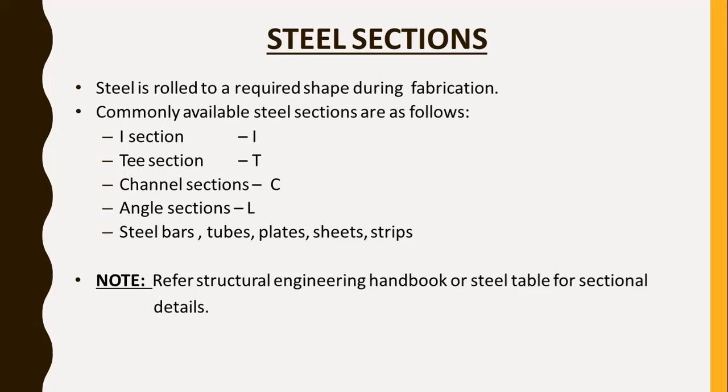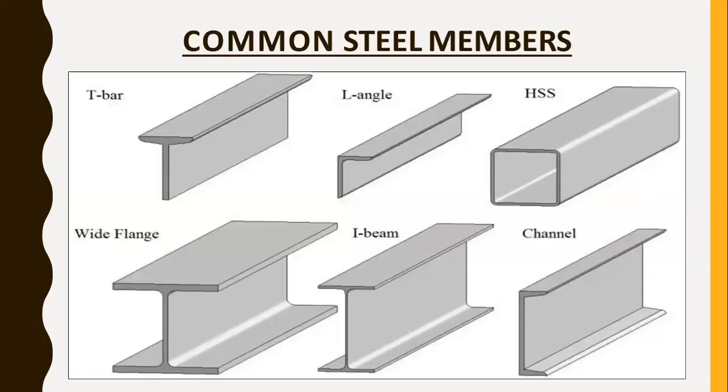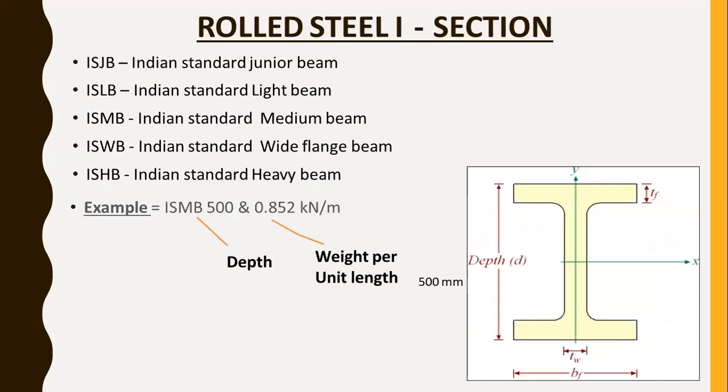Such as elastic modulus, width, depth, and thickness, which depend mainly on the steel section you choose. This is what these sections actually look like, right? The first one is a T bar, then angle section, wide flange, I beam, and channel section.